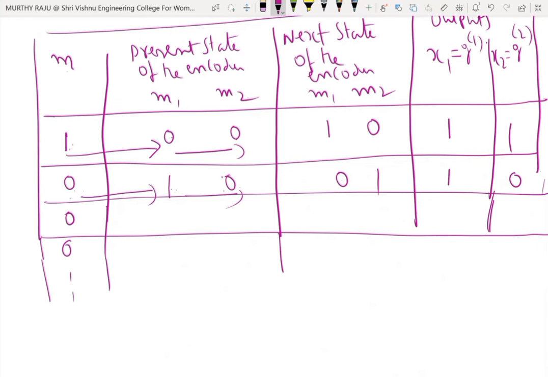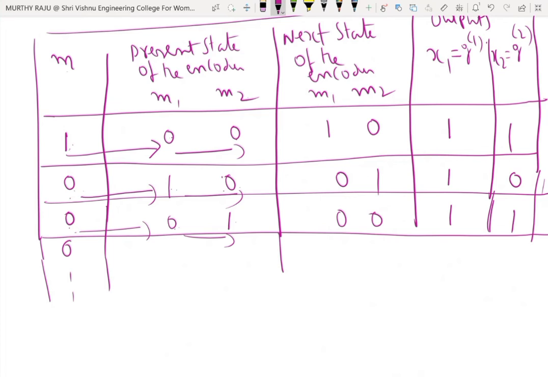Coming to the third one, the next state of the encoder acts as the present state of the encoder for the next message input. The next message input is 0, with state 0, 1. Therefore, 0 exclusive or with 0 exclusive or with 1 is equal to 1. 0 exclusive or with 1 is 1. Therefore, 0 is shifted to here, 0 is shifted to here.